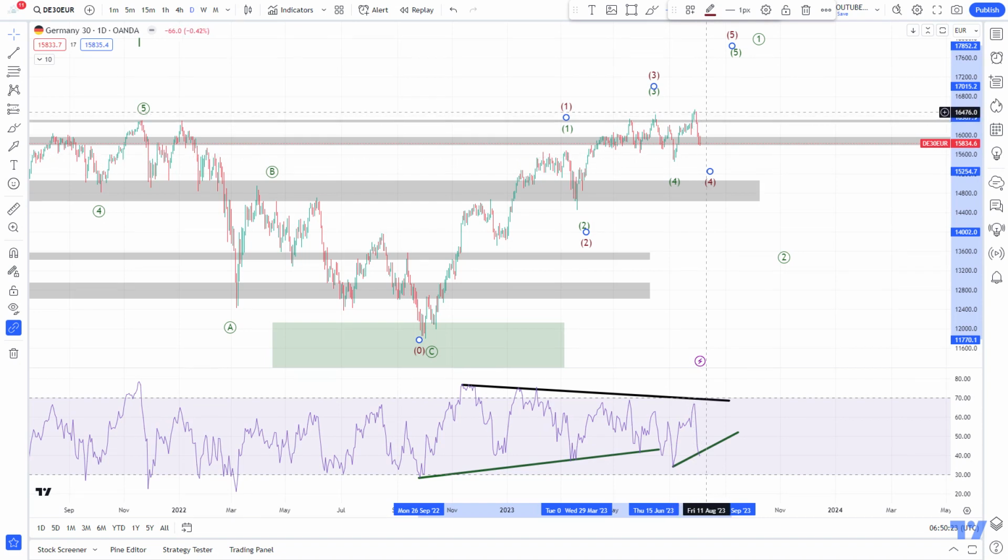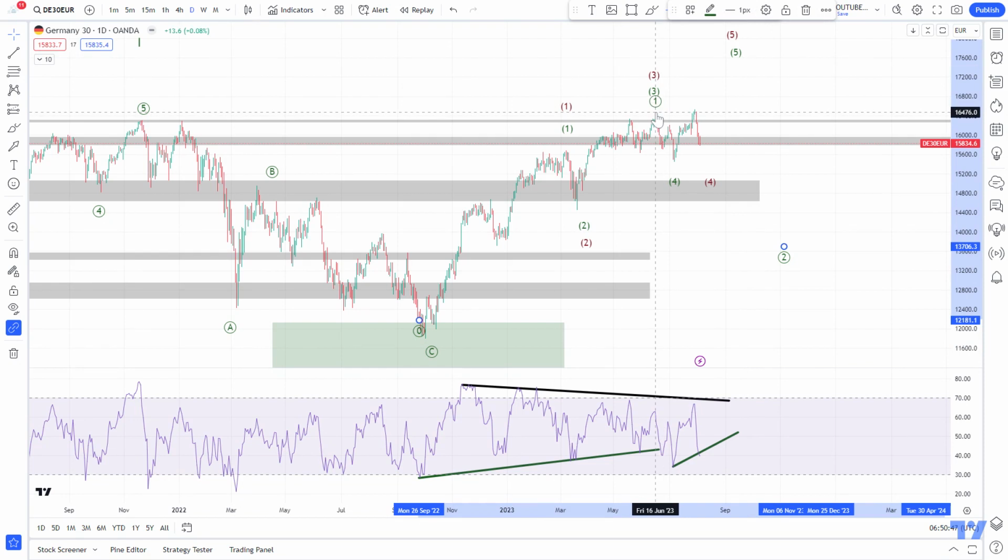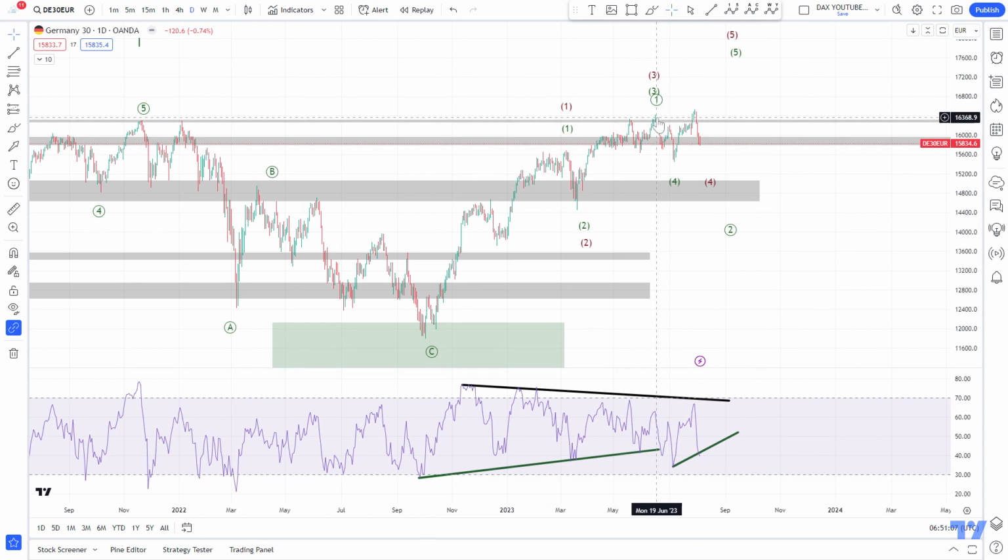But another bearish scenario would be that a high was in here, this wave 1 high was in here, like I had this scenario before on my graphs, so that we have a 1 here, a 2, a 3, a 4, and a 5, that this here is finished, and that we are actually starting this wave 2 here, and that we have an expanded flat structure, but then as a wave 2.